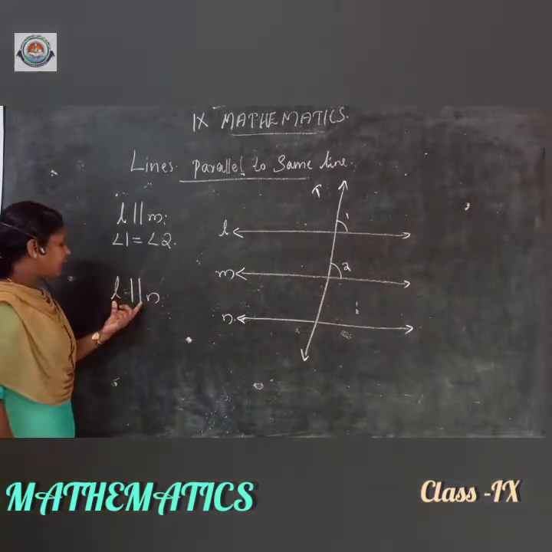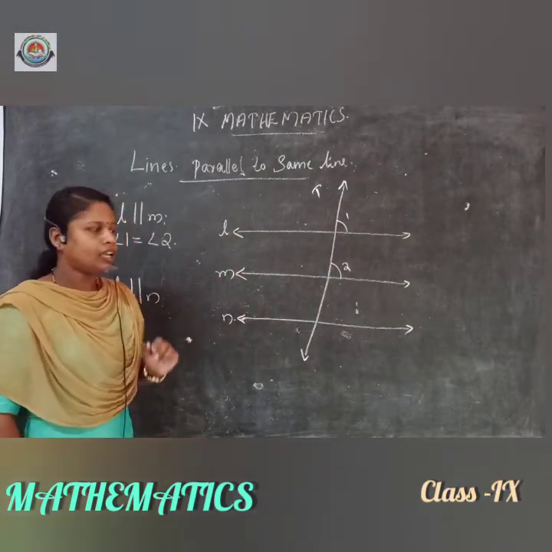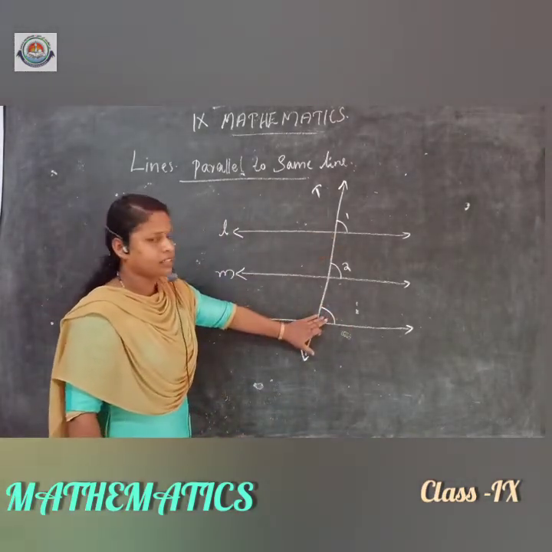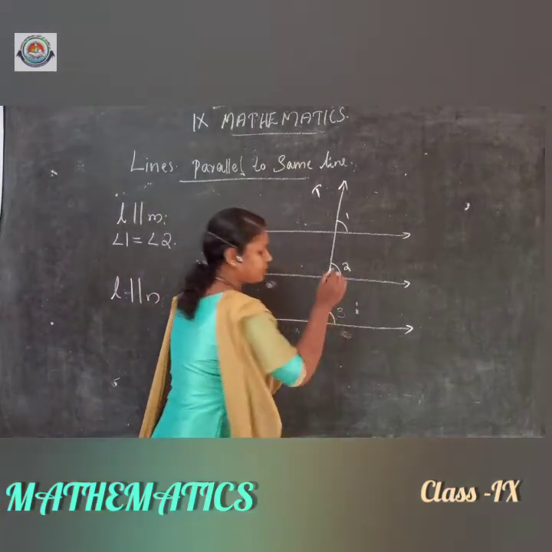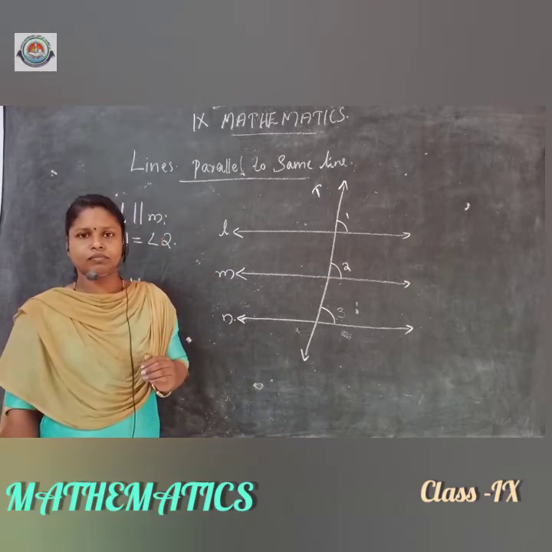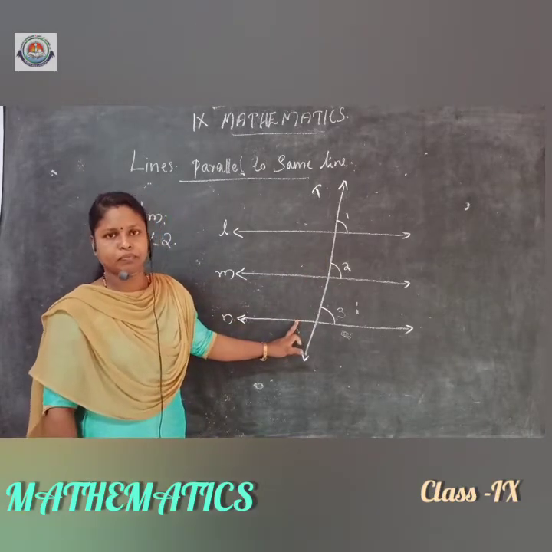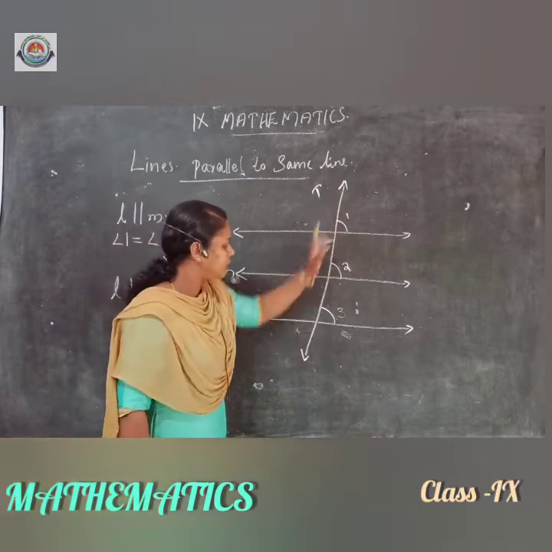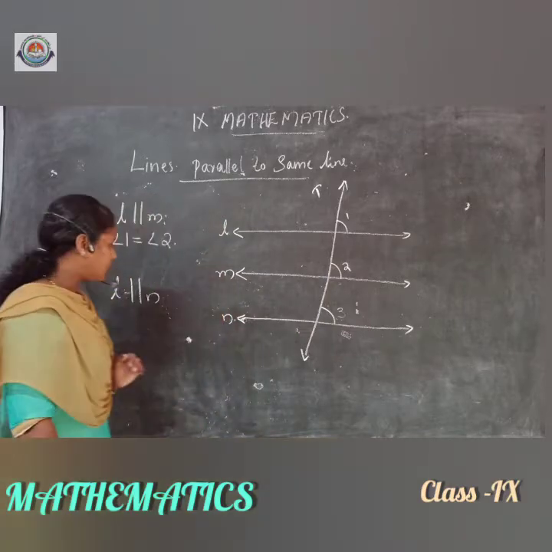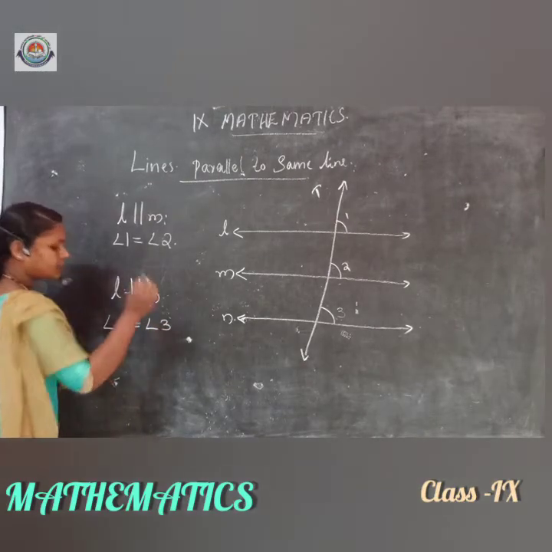Here L is parallel to N. Therefore the corresponding angles of these two lines, suppose angle 3, are also equal, because L is parallel to N and T is the transversal. Angle 1 equals angle 3.